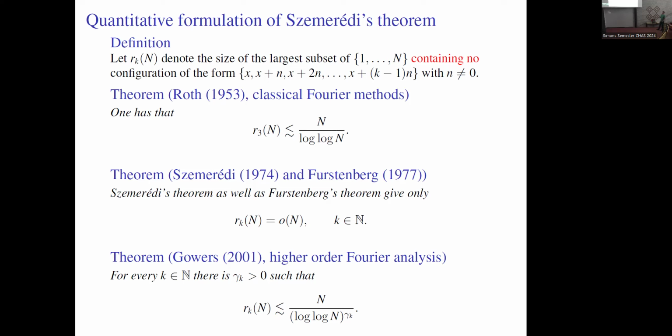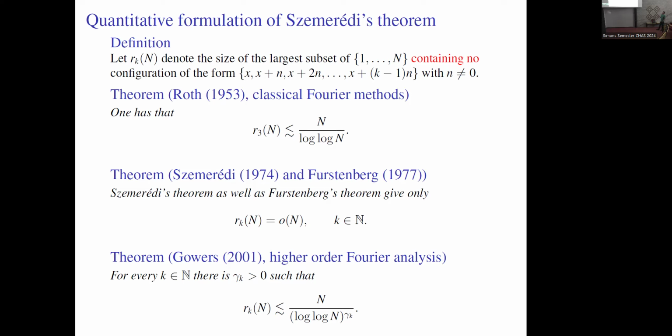And thanks to Gowers, by using higher order Fourier analysis, which is a set of tools including Gowers uniformity norms, the Gowers inverse theorem, and things like this, which we also discussed at one level in the context of Roth, we are able, in the general situation, to derive the bound n over (log n) to the gamma_k. Gamma_k here is a very small number.